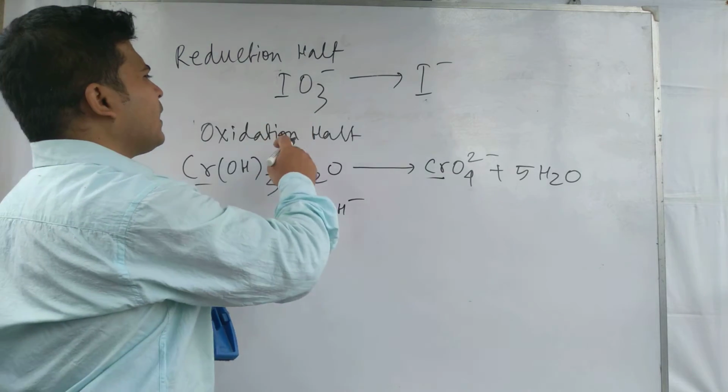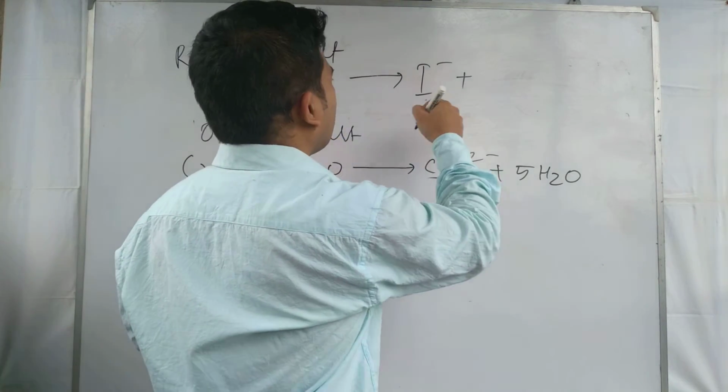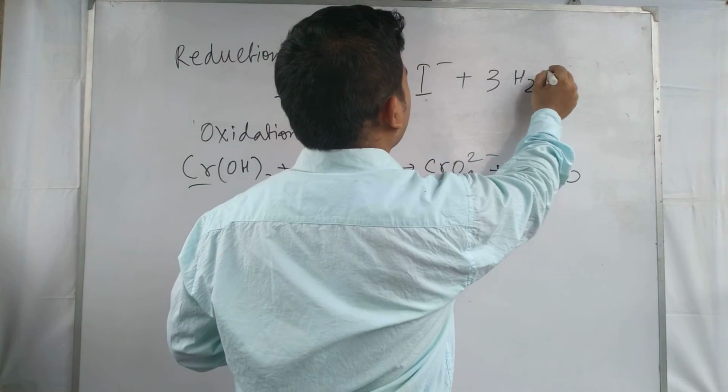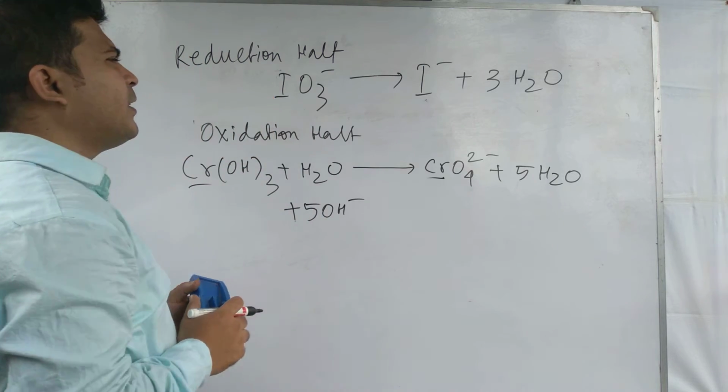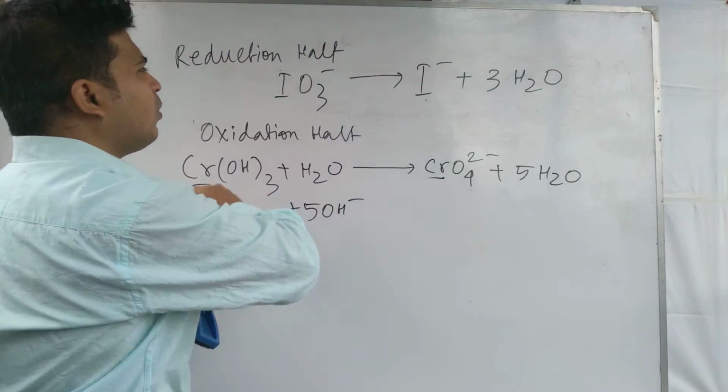Okay, for this reaction we will complete the atom balance step. The number of oxygen atoms is 3 here, so we need to add 3 H2O on the right hand side, because it will remove the deficiency of 3 oxygen.